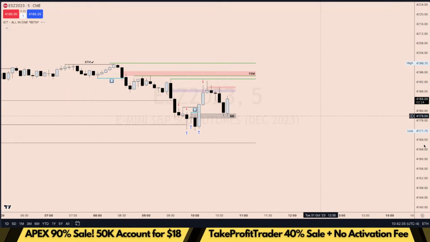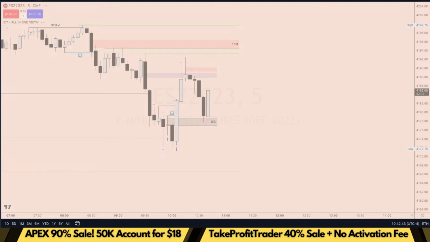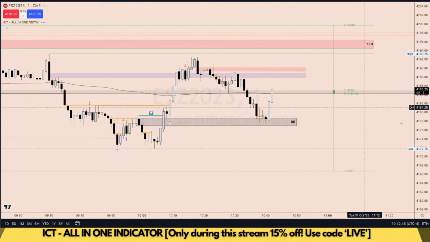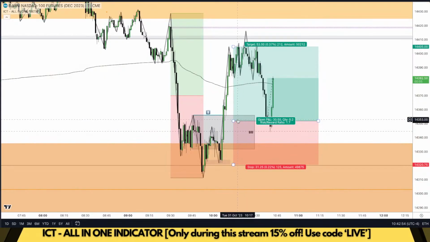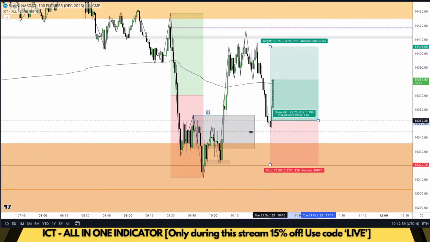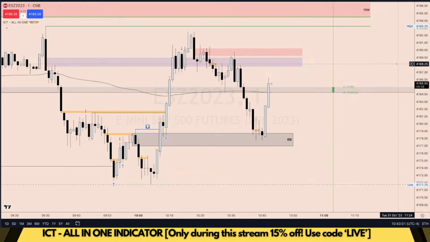All right, we kept holding on that 5-minute bullish fair value gap. Looking rather bullish. Our NQ entry should be doing pretty well as well. All right, 1-minute time frame.